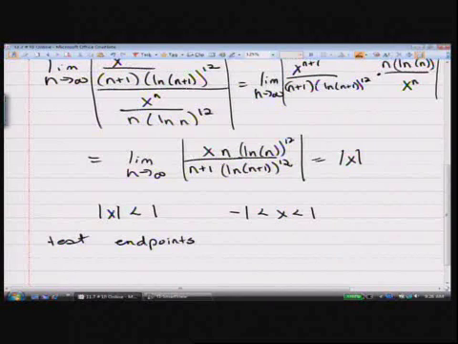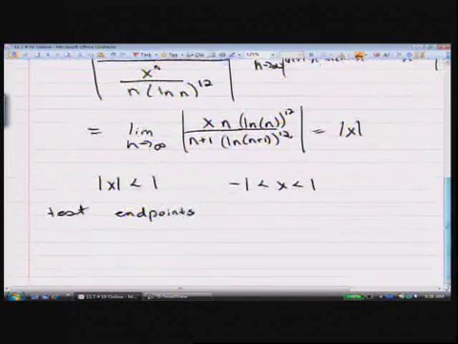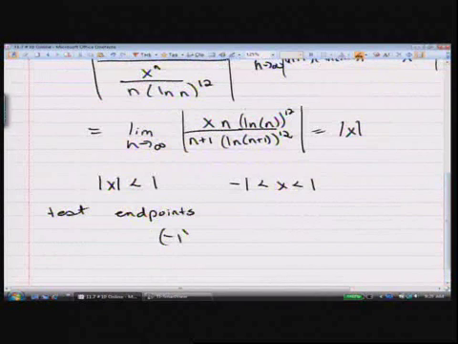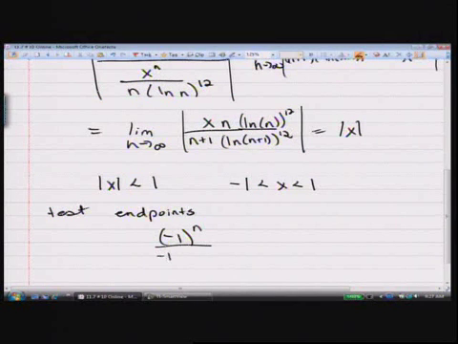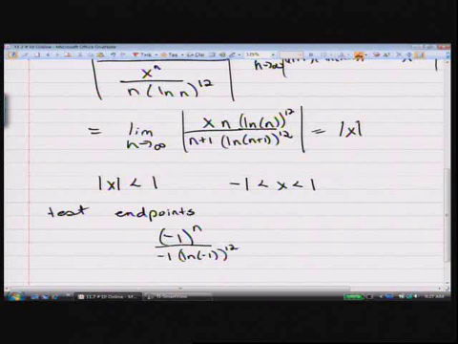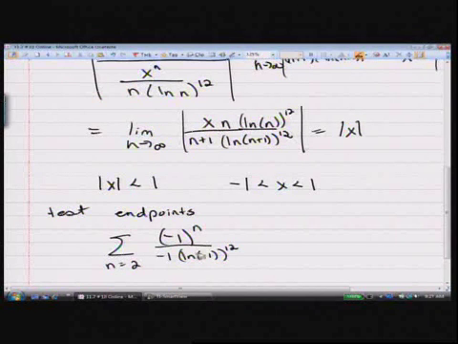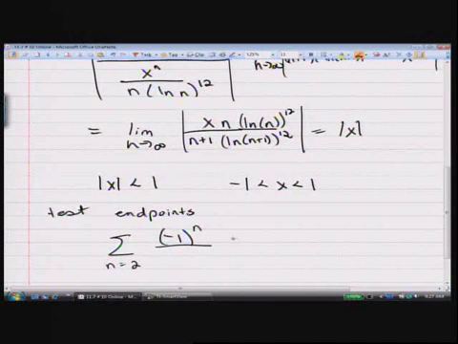So we'll have -1 to the n over n times the ln of -1, that's some trouble there, to the 12th, right? No, I'm sorry, only the x is negative.